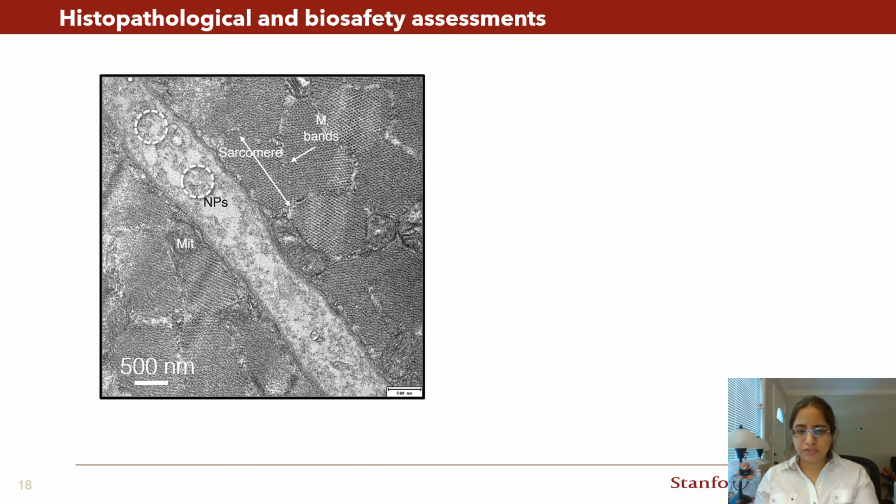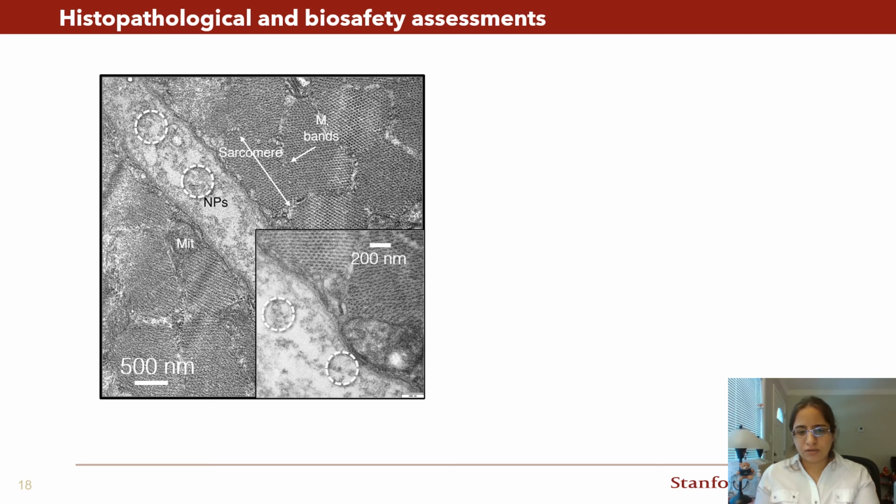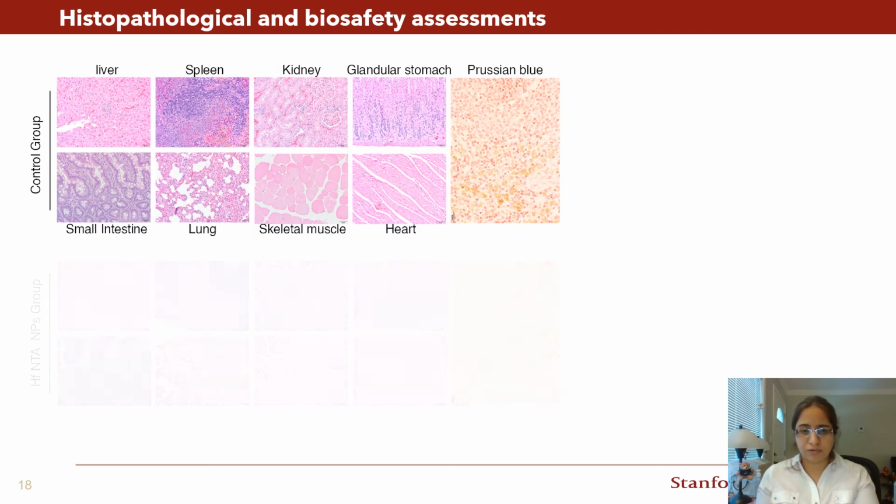These nanoparticles seem to have preserved their particle size distribution once they are injected intramuscularly, and this is the TEM image of the muscle of the injection site. Typically the nanoparticles would undergo aggregation, but we did not really observe any aggregation from these nanoparticles.